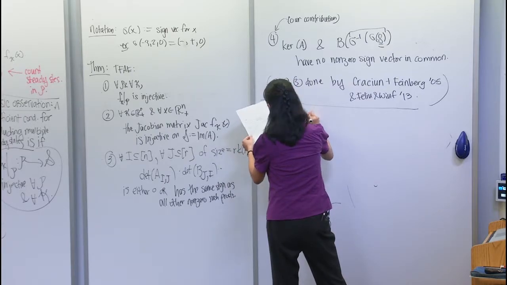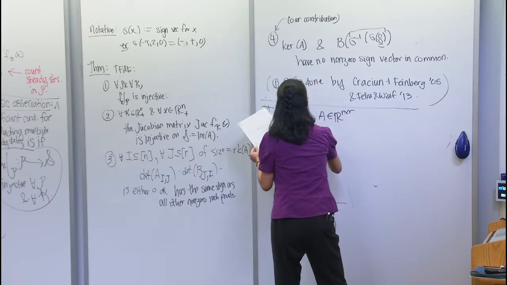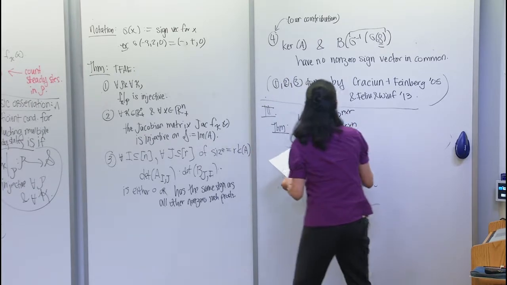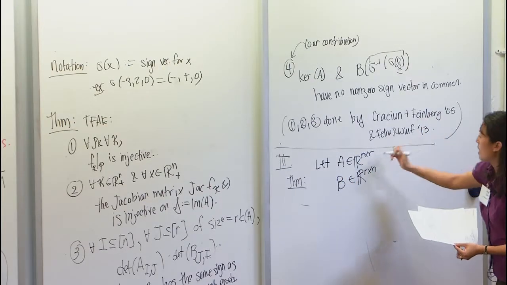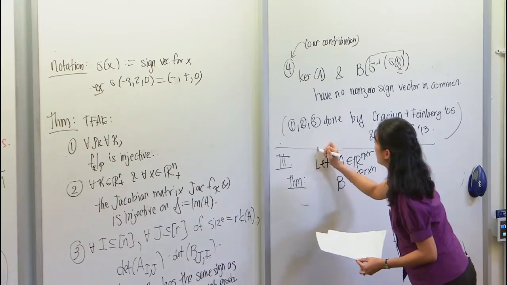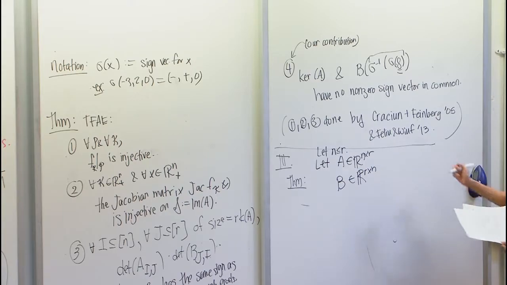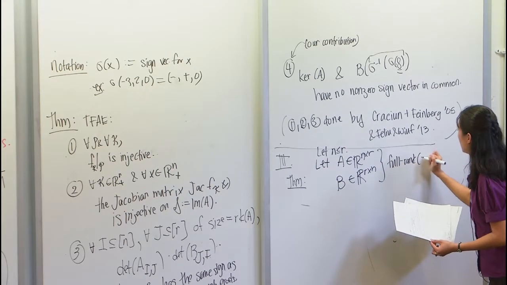So let A be an n by R matrix, and B is R by n. So let's assume that they're both full rank, and n is less than or equal to R. So let n be less than or equal to R, and I want to consider matrices that are full rank, full rank equal n.